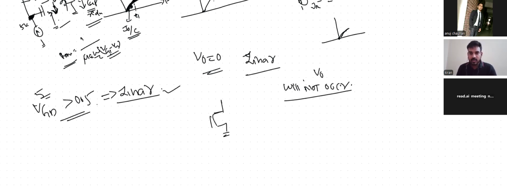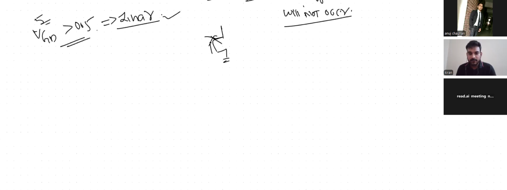Sorry, can you move it a little bit up? You want more space? Now you start writing from this point, on the right side. Is it visible, clear?